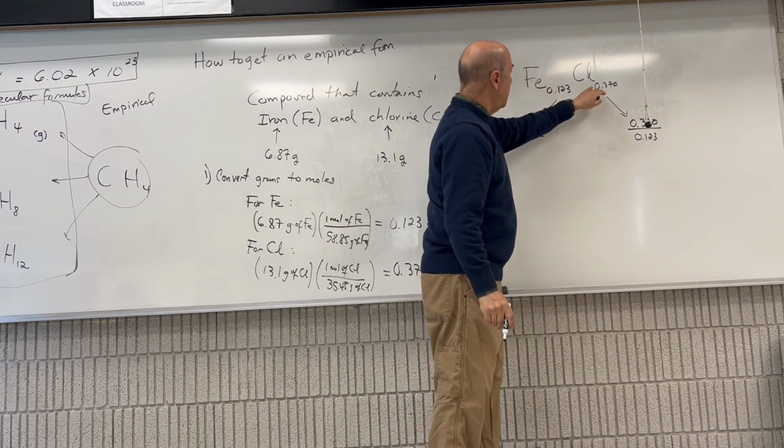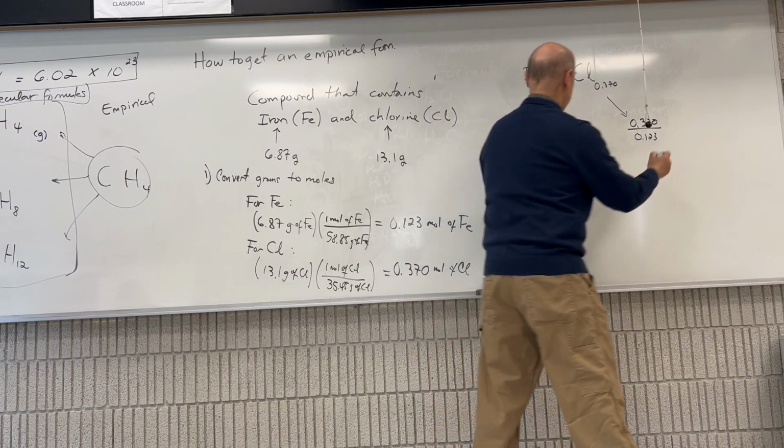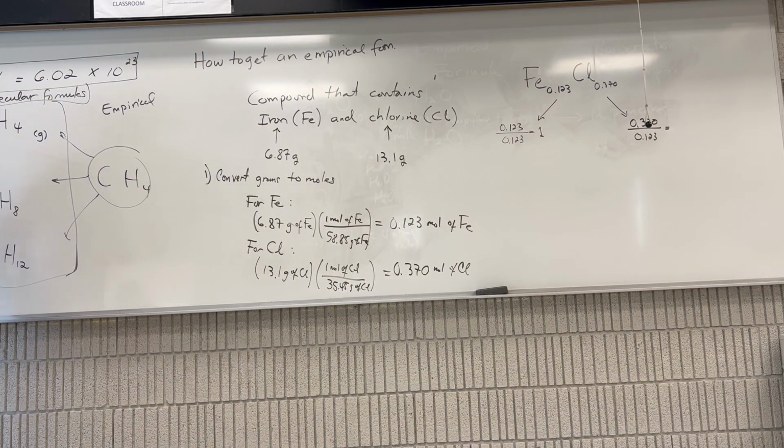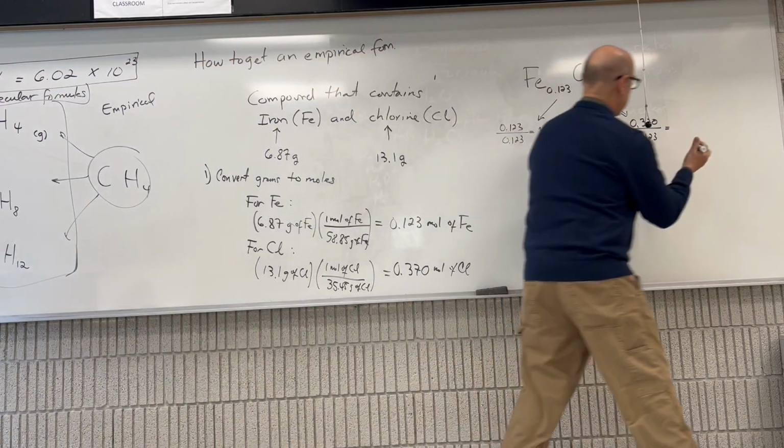I'm dividing both of them by the smaller number. What do I get if I do that? The book has in fact what Jerry's saying.